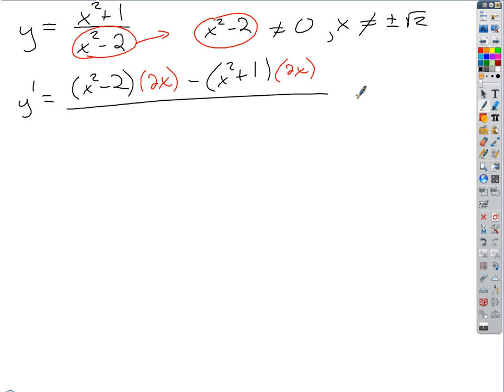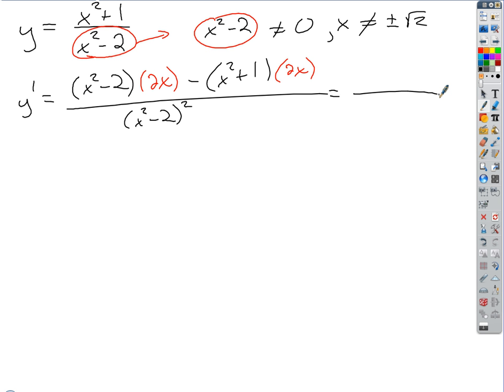All over x squared minus 2, squared. Good. Right? Bottom squared. Very good. So there's our derivative. We definitely want to simplify this, right? So if we distribute the 2x in both parts, what are we going to get? We're going to get 2x cubed minus 2x cubed, right? Everybody agree?